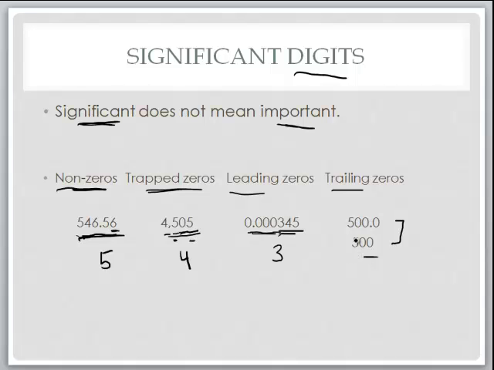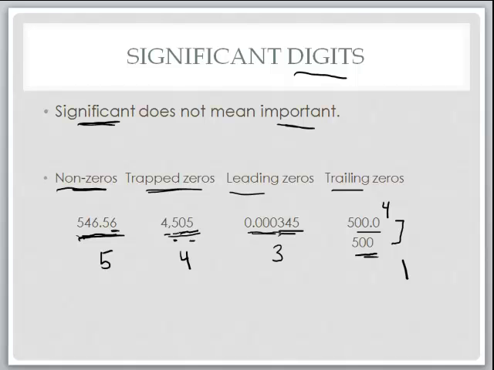But for now, what you need to understand is trailing zeros are significant if there's a decimal point physically written in the number. So that number would have 4 significant figures, 1, 2, 3, 4. That number would have 1 significant figure. Those 2 digits are not significant because there isn't a decimal point physically written in the problem.